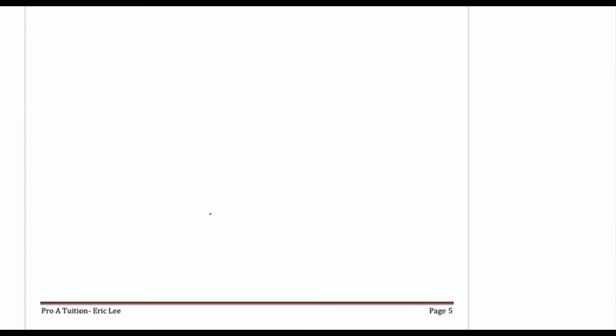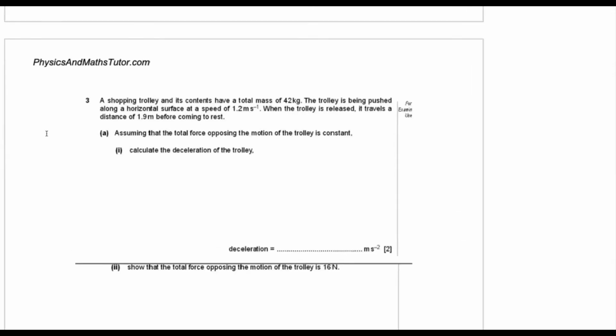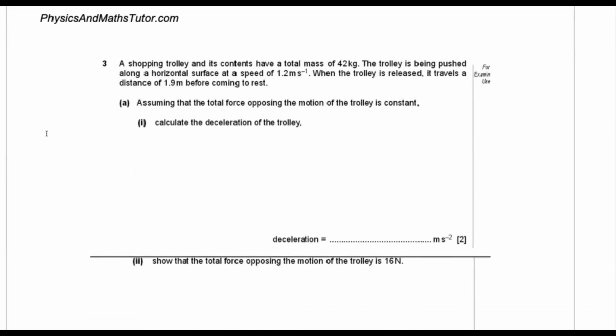Okay, so we have done the theory part for dynamics. Now let us practice. Question on page 9. A shopping trolley and its contents have a total mass of 42 kg. The trolley is being pushed along a horizontal surface at a speed of 1.2 meters per second.